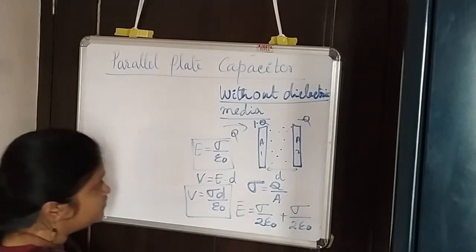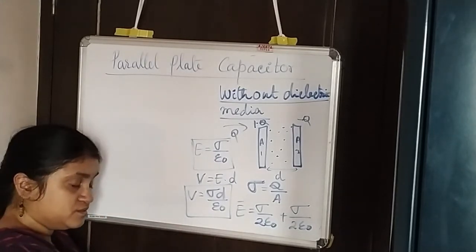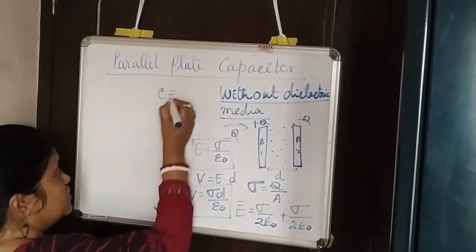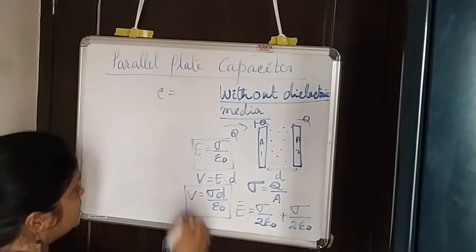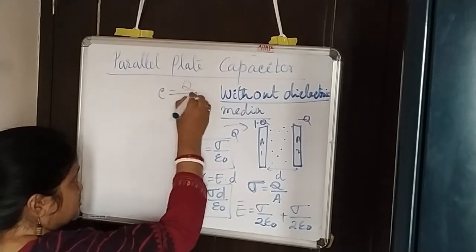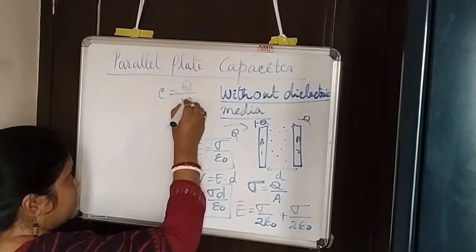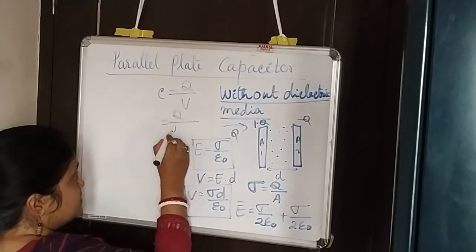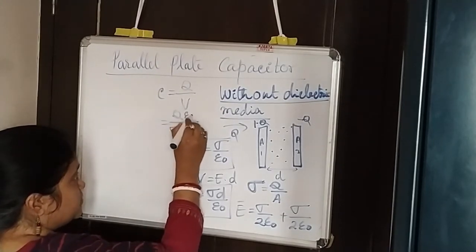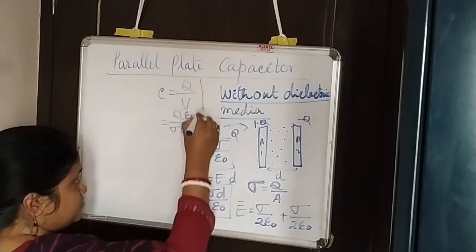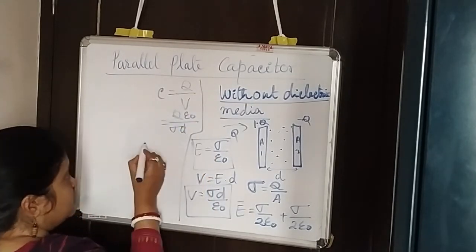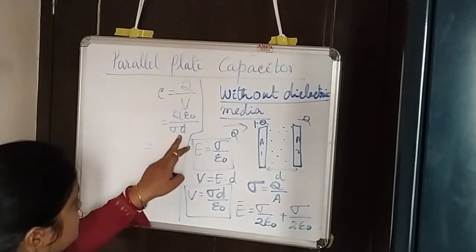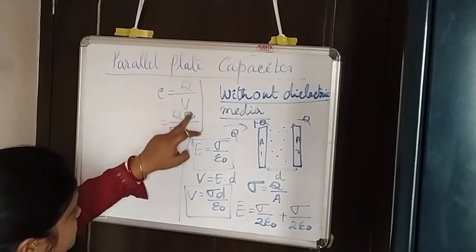Now finally, when we calculate the capacitance, we know that C is charge Q by V, where V is sigma d by epsilon naught.